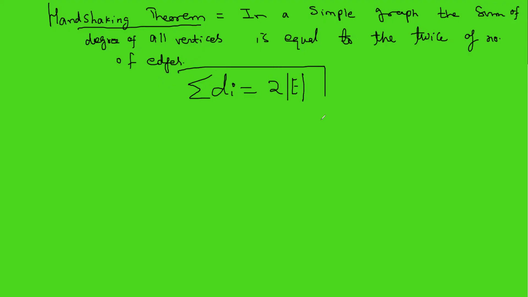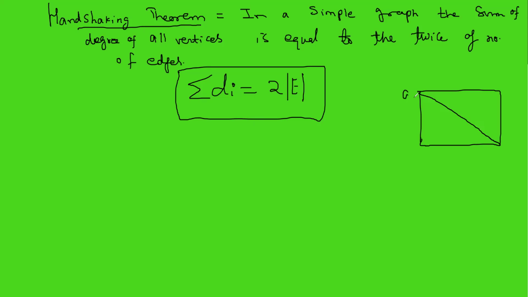Okay. This is the theorem. For example, take any graph. Let's suppose this is a graph. Whether this is a directed or undirected graph doesn't matter. Tell me, what is the degree of A?